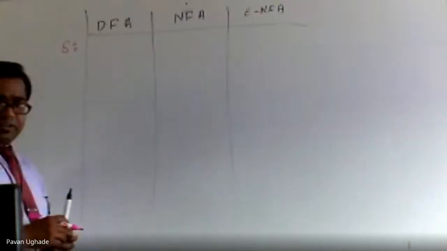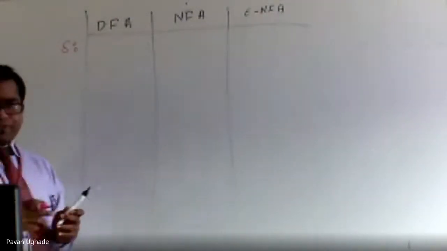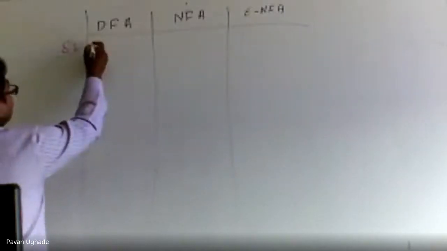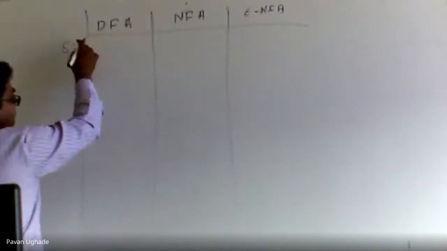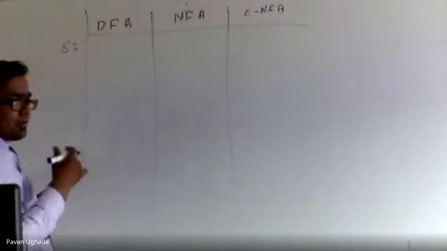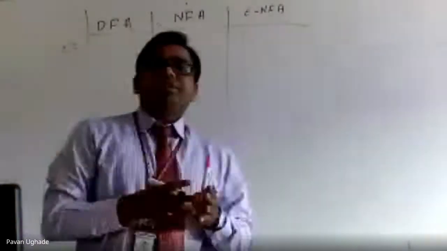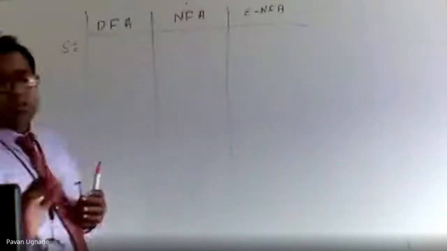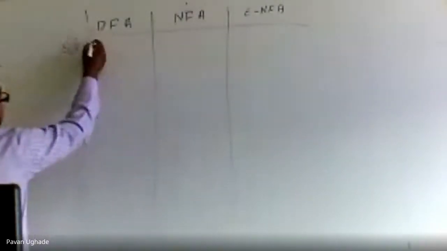It is a 5 tuple machine. All are 5 tuple machines. So in this, all have the 5 tuples. They vary only in their transition function. Okay. So how? Let's see.